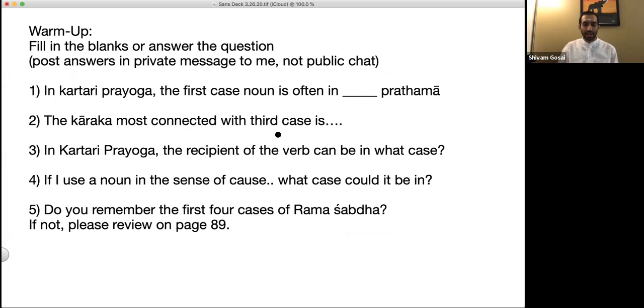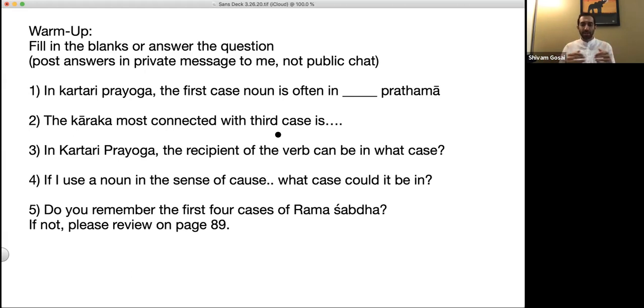Number two, the Karaka most connected with the third case is blank. We have to note one thing here. Vibhakti and karaka are two different things, okay? A vibhakti can convey a karaka, but it can also convey something else. For example, the second case, Dvitiya vibhakti, can convey karma karaka, the object of action, but it could also convey other things.